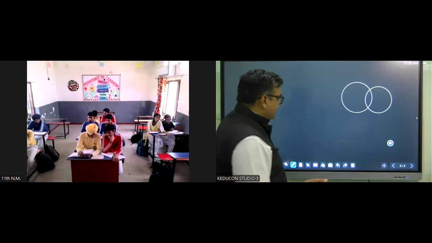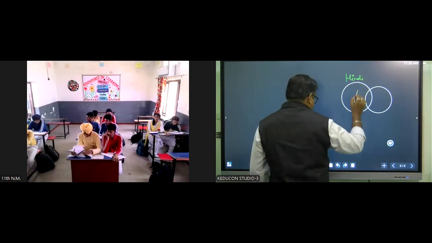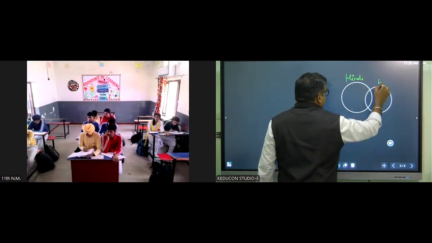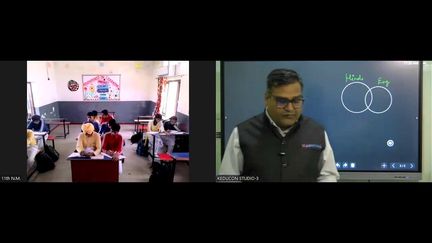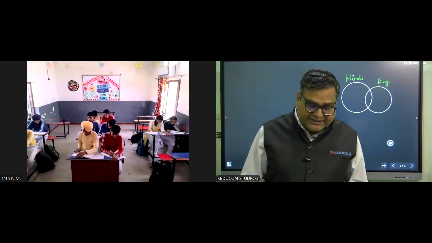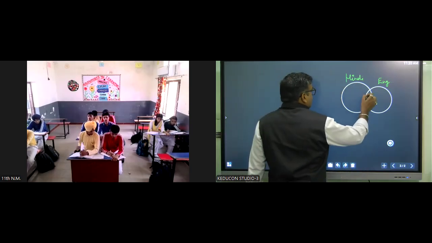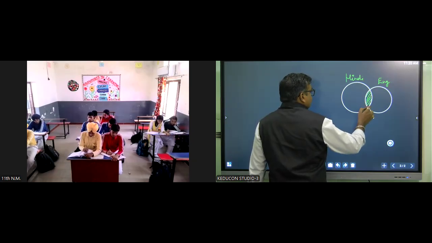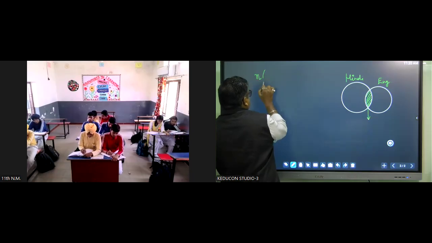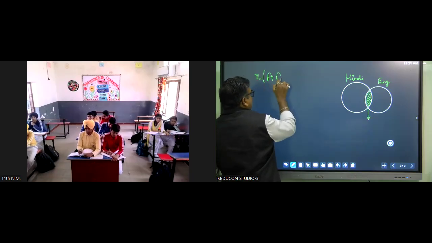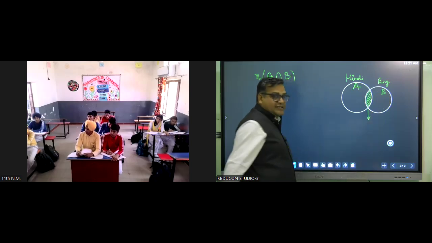450 read Hindi. Let's say this is Hindi and this is English. 450 read Hindi, 300 read English, and 200 read both. Now, this part, what is both? Both is this part. That is the number of elements in A intersection B. Let's say this set is A, this is B. Is this clear?